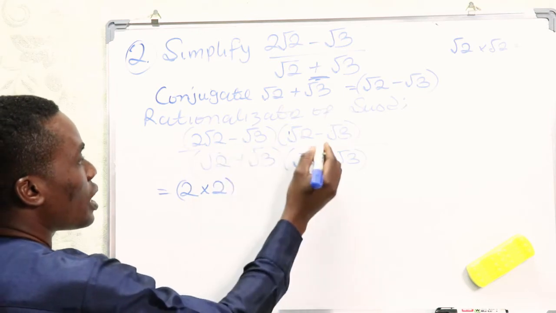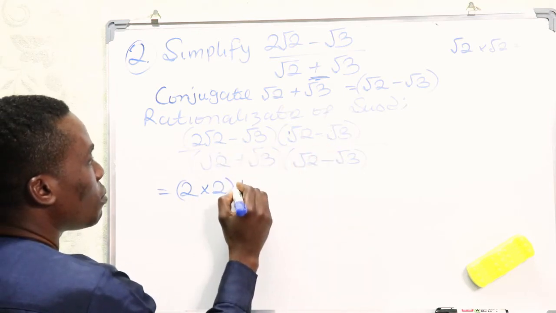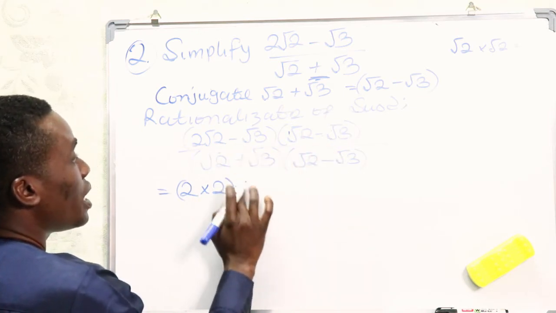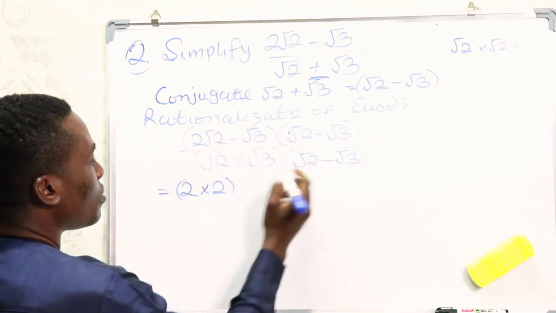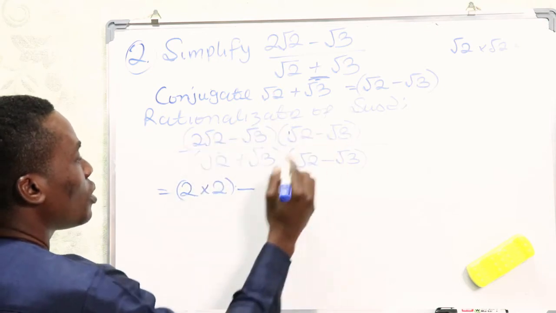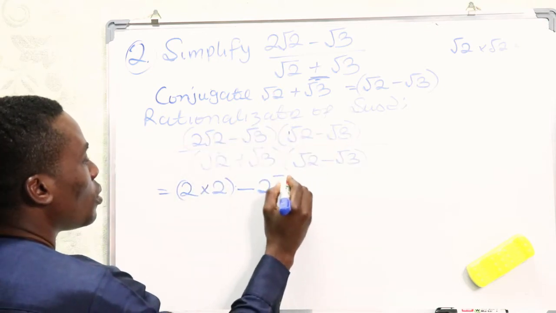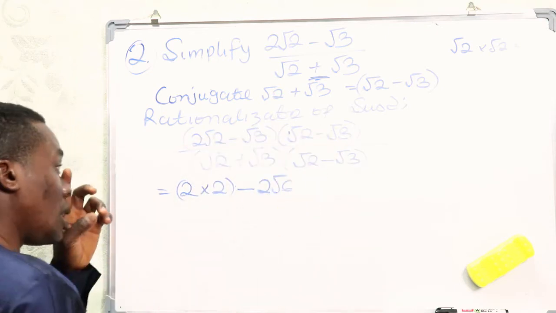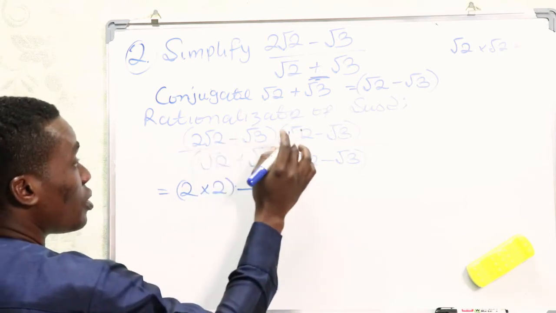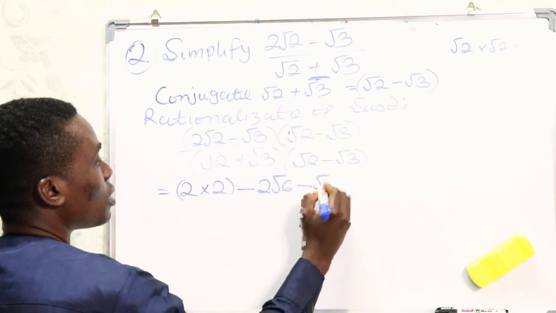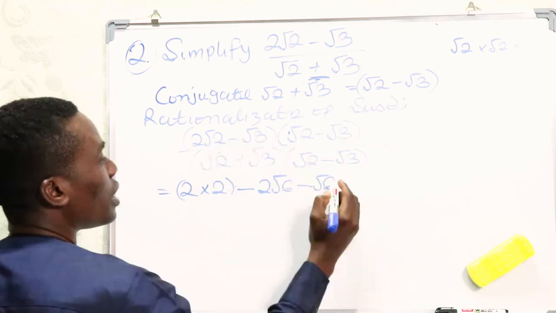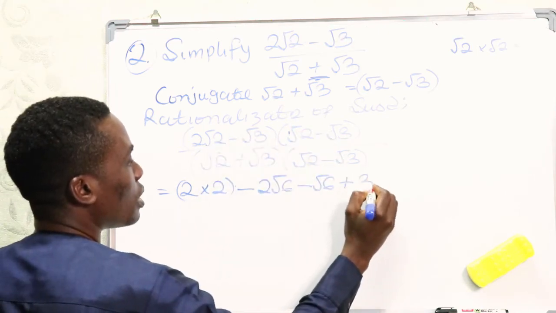Now minus times plus will give us minus 2√6, right? So this will give us minus √6. Minus times minus will give us a plus √3.